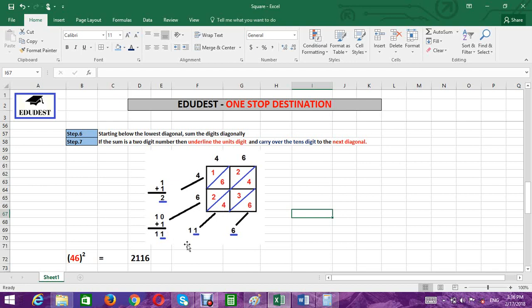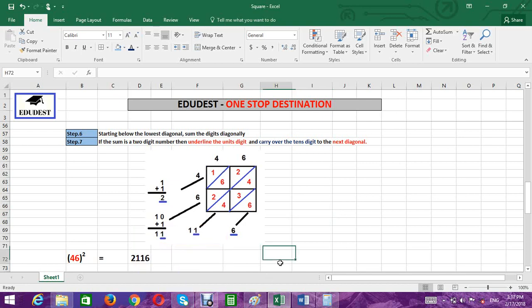Now the total sum comes up to 11. It is again a two-digit number, so according to step 7, we underline the unit digit and carry forward the tens digit to the next diagonal.